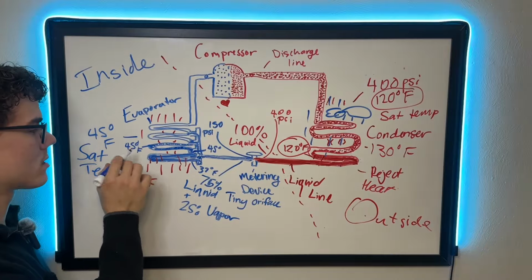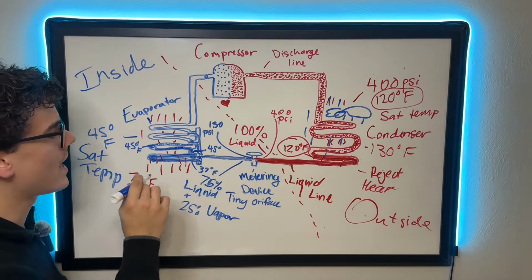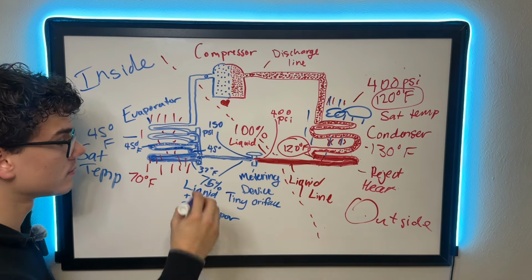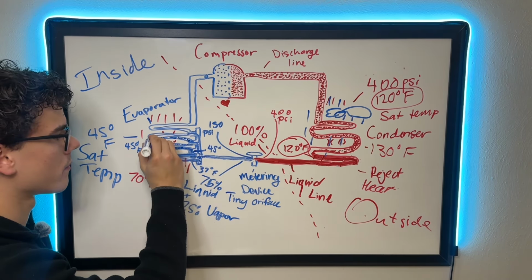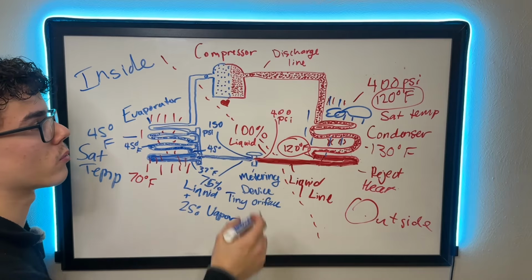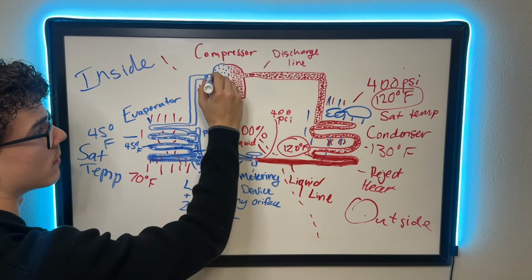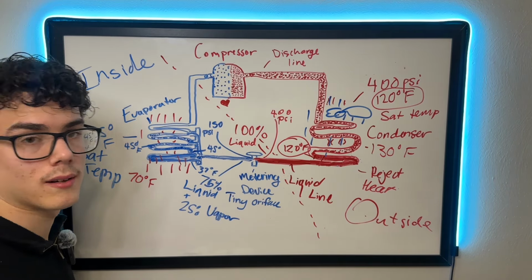Now, once we're past our saturation temperature point, now we can start to superheat. Why do we want to superheat? Well, if you remember from the definitions, the compressor can only pump vapor. If we get liquid into our compressor, not good.